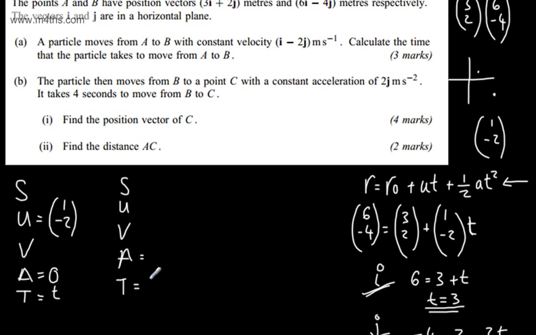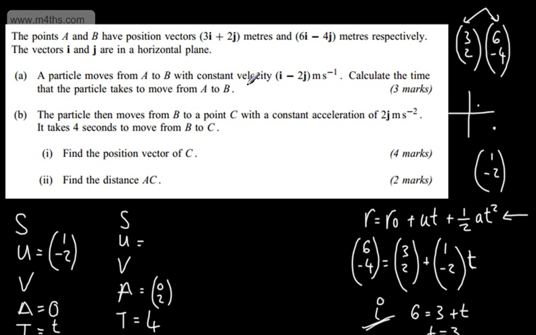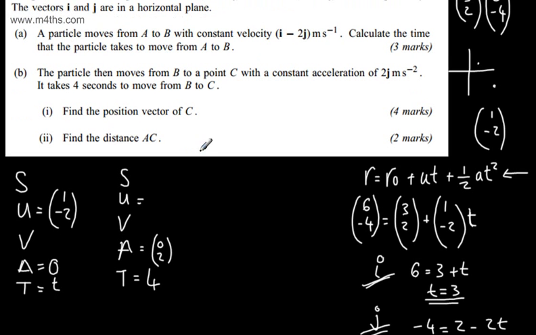So what we're going to have is the following. We've got a time, that's 4. We've got an acceleration. This is 2j. In column form, that's 0, 2. We have an initial velocity. The initial velocity is going to be this one right here, because it was constant from A to B. So that will have remained to be 1, negative 2.